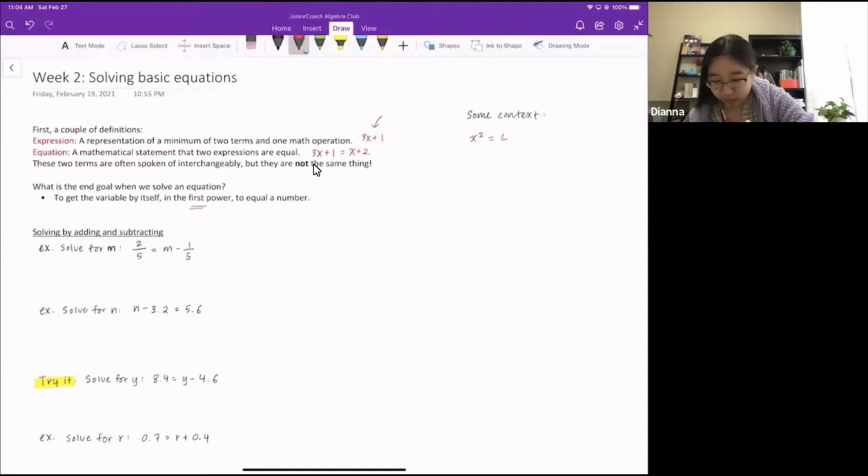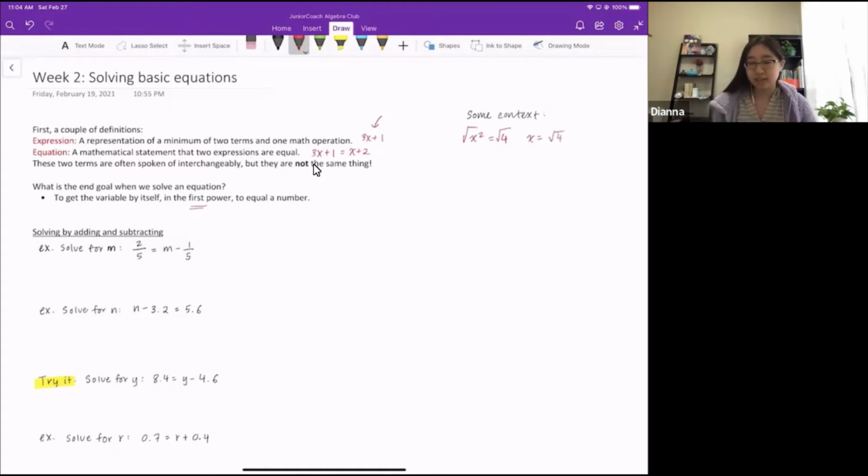So like x squared equals 4, right? Well, how do we get this to the first power? To get it to the first power, we have to square root it, right? We have to square root both sides, because whatever we do to one side, we have to do to the other side of the equal sign. So if I take the square root of this part, I also have to take the square root of this part. So then x ends up being the square root of 4, right?